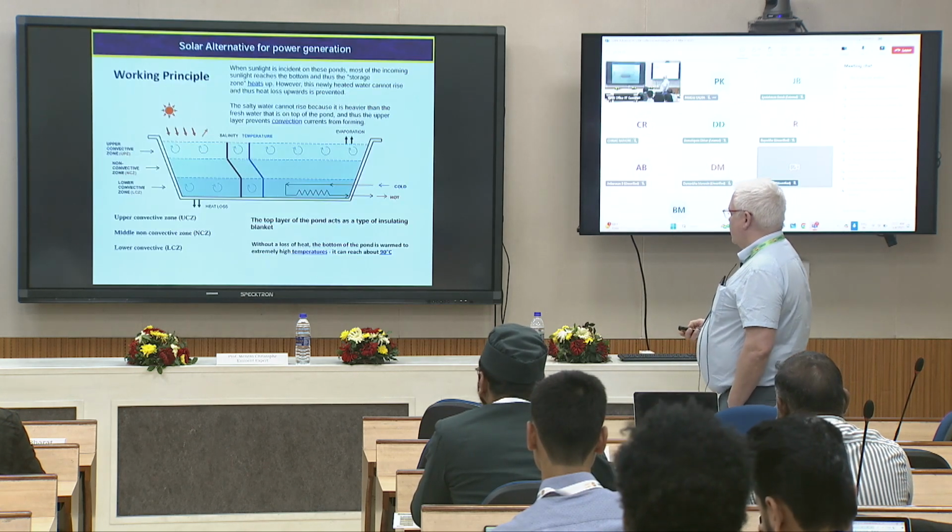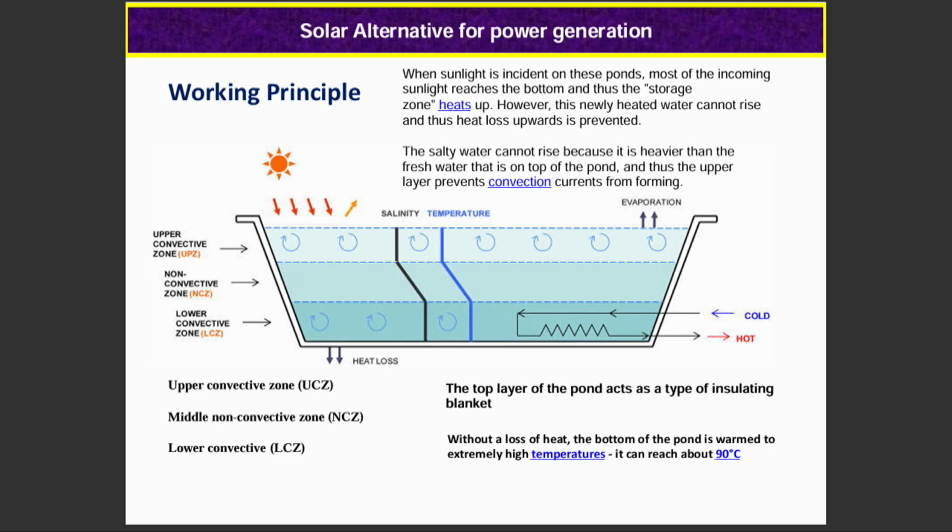So when you look at the physical phenomena, you have a convection zone at the top, a convection zone at the bottom, and nothing in between. Much of the sunlight reaches the bottom, and the bottom is heated. It reaches the bottom because the depth is not high, and the bottom is dark, which allows it to heat.